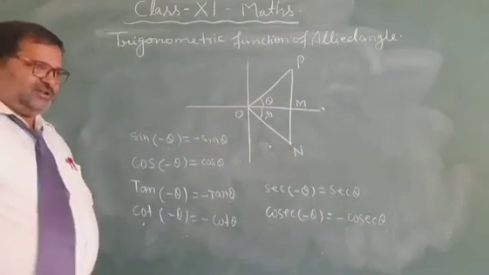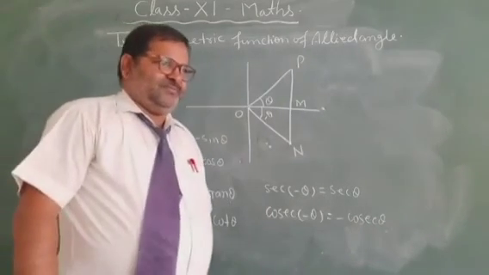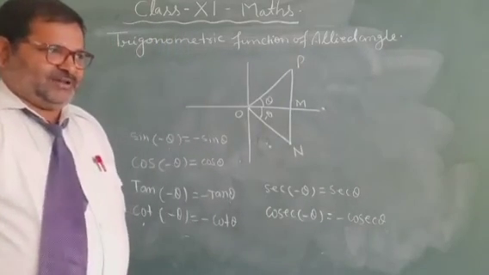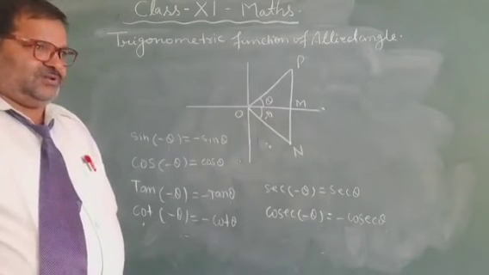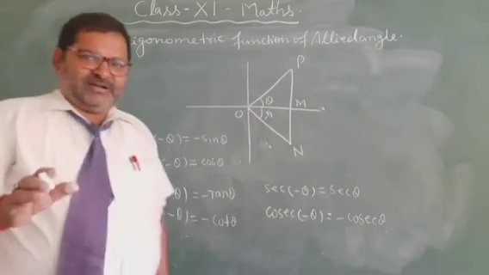So this is the convention of negative angle of trigonometric ratios.